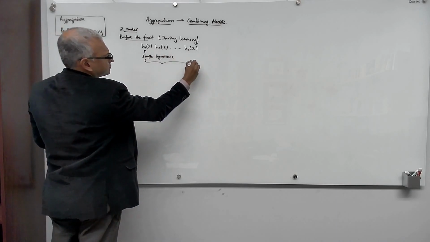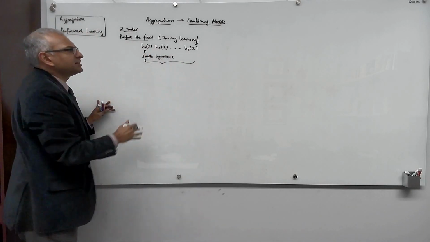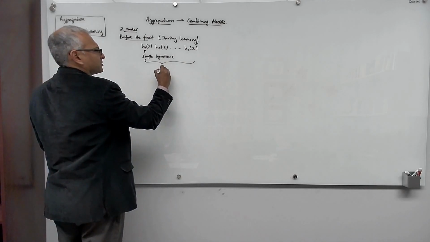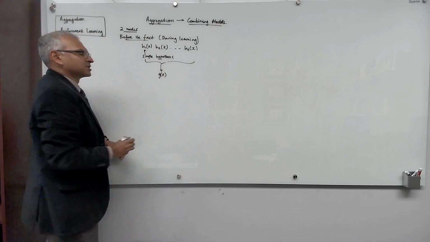And then during the learning phase, you combine these hypotheses. Okay, and you produce your final hypothesis, G of X, is combined.